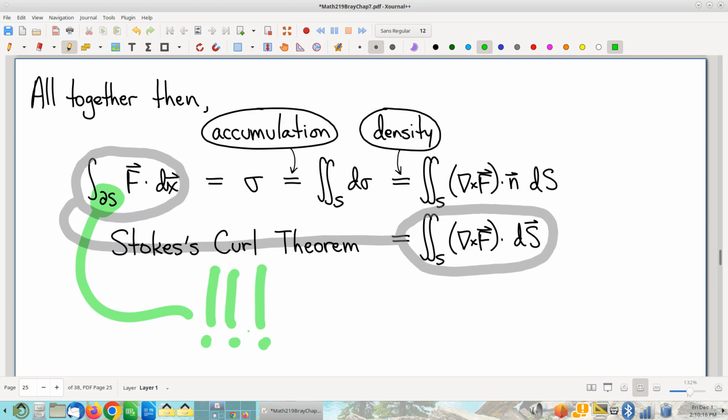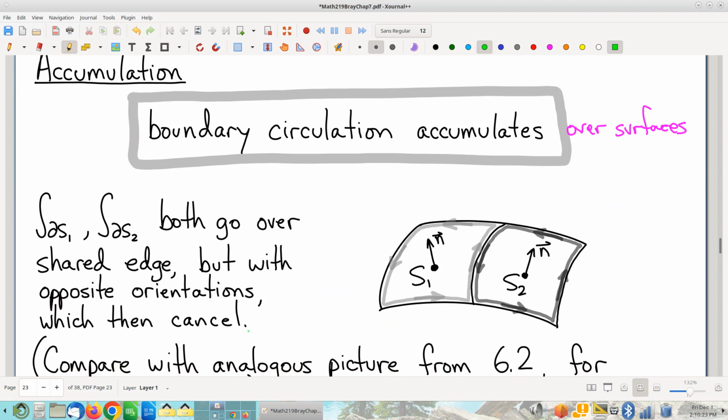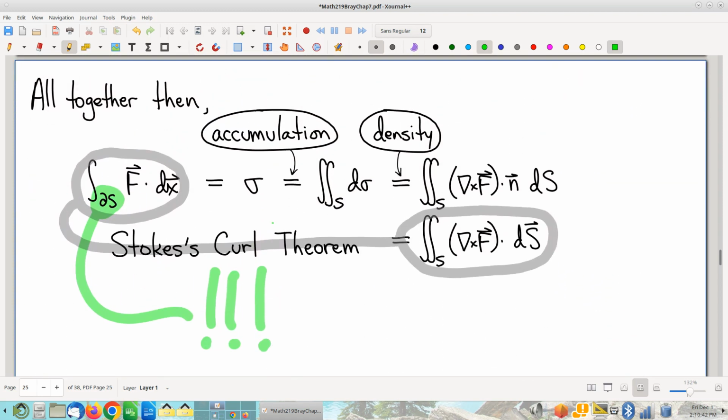No comment at all. This is not a minor formality. This is intrinsic to how we even started the argument. It was critical that we were looking at boundaries so that we could have all these cut edges, the one direction, the other, the cancellation. Being a boundary is intrinsic to the argument. So, very big asterisk. If you're going to use Stokes' theorem, your curve had better be a boundary.